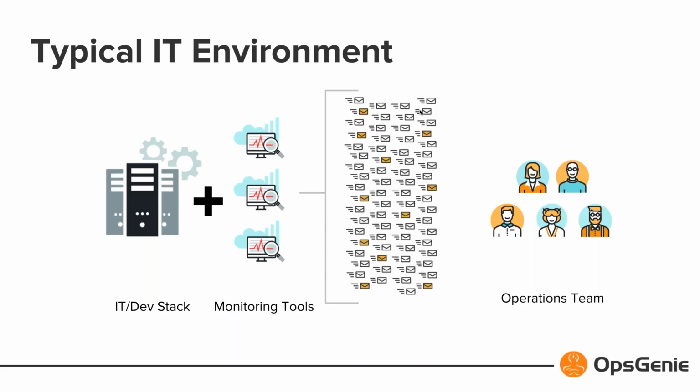So to level set and make sure everyone's on the same page, the typical IT environment that we deal with at Opsgenie, and one of the reasons the company was founded, is we're seeing more and more companies with more and more complex IT and dev stacks. You may have stuff that's still on-prem, you may be 100% in the cloud, or maybe a hybrid model.